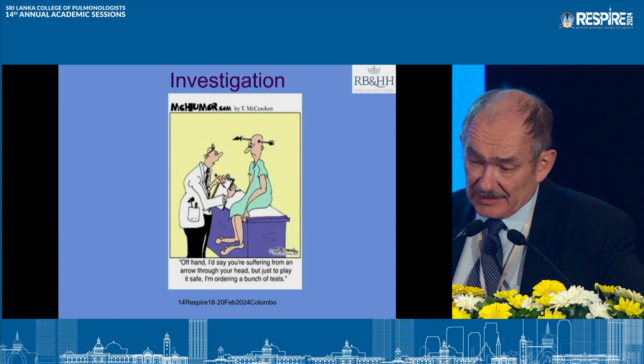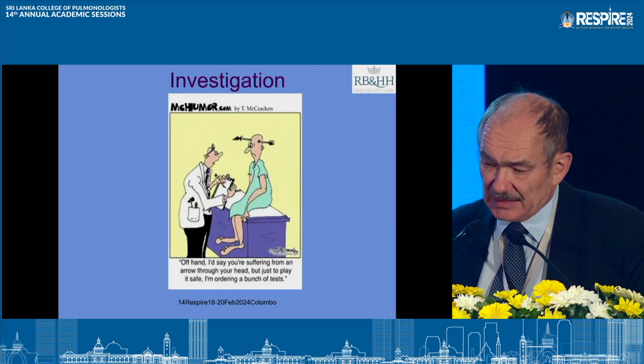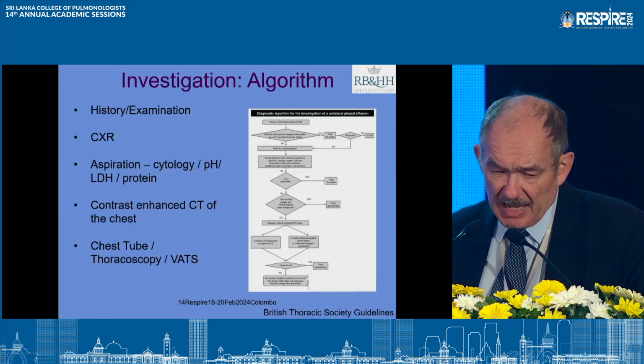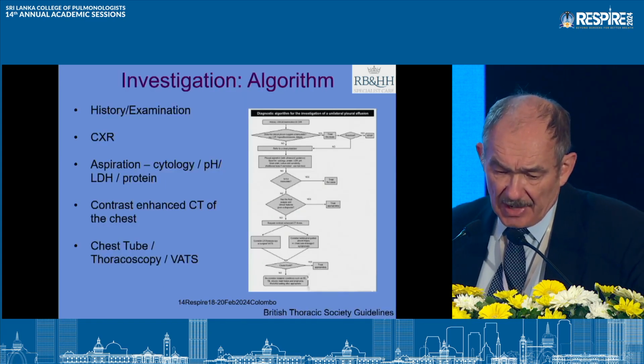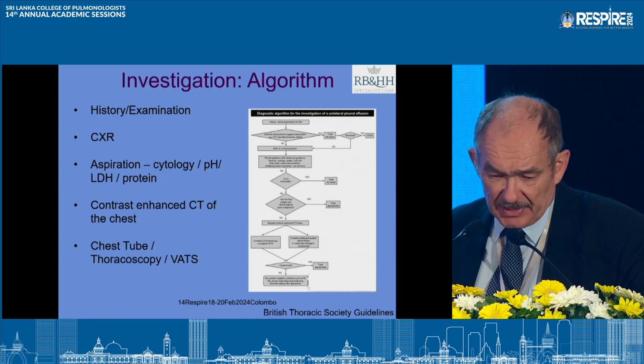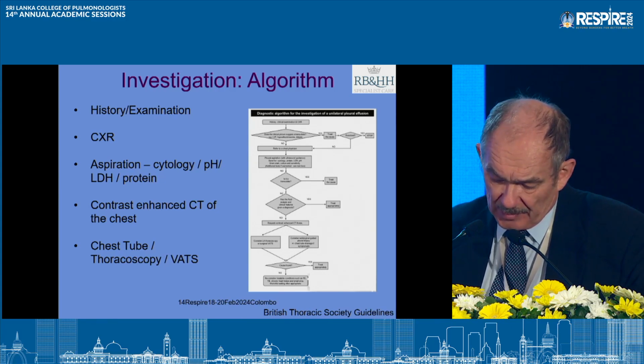Investigations, I think, are mandatory. The main investigation should obviously be chest X-ray, then aspiration of the fluid, and contrasted CT, which is the most helpful investigation for making the diagnosis and planning the management.